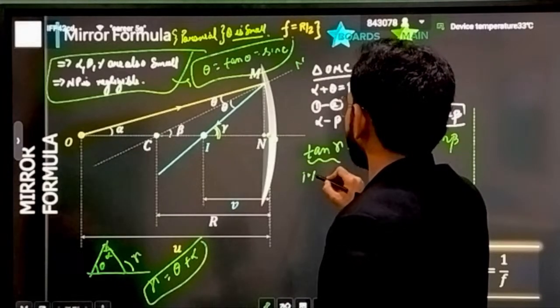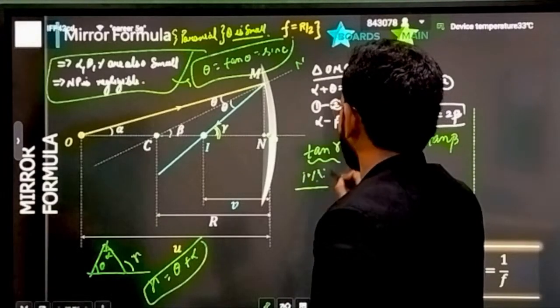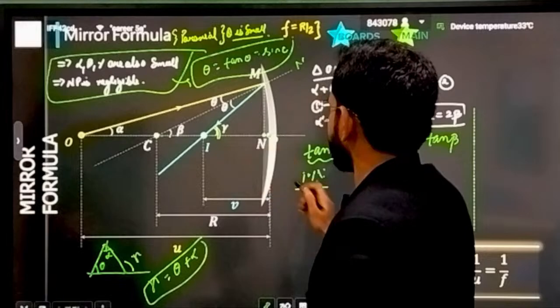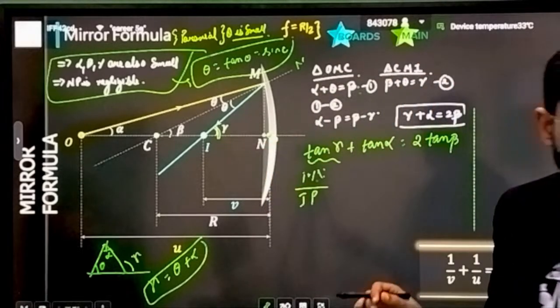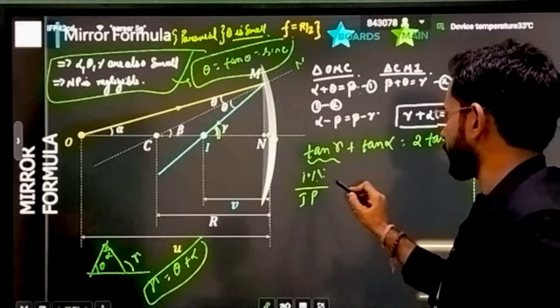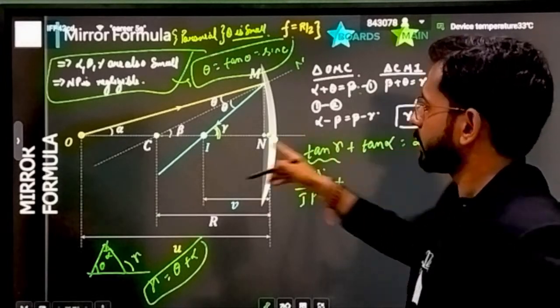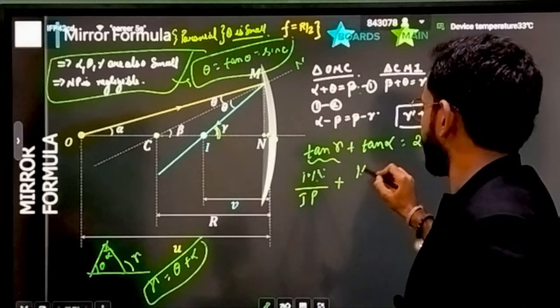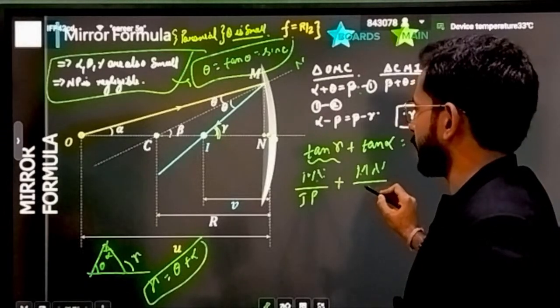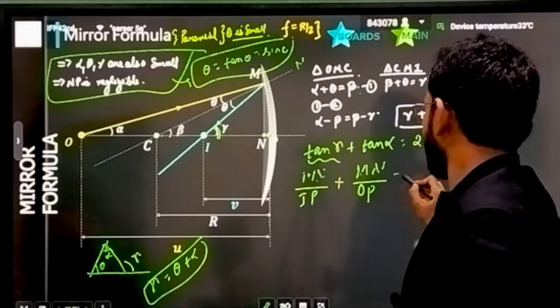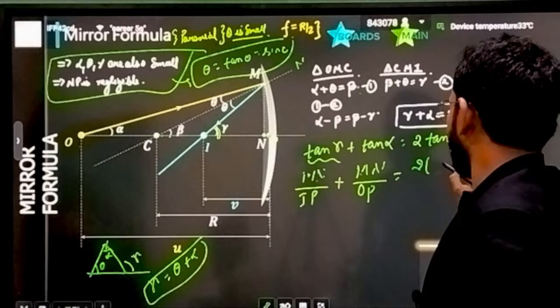MN divided by the base. What will you write as the base? IP. I've told you, because this distance is very negligible, I will take the point P into consideration. Plus tan of alpha. For alpha, what will you write? MN again divided by, what is the distance you will write? OP. Is equal to 2 times tan of beta.